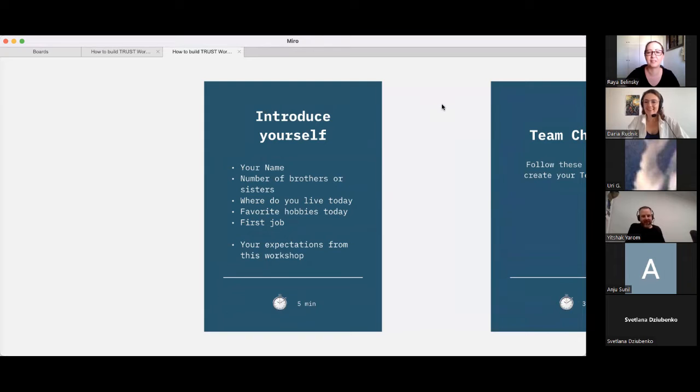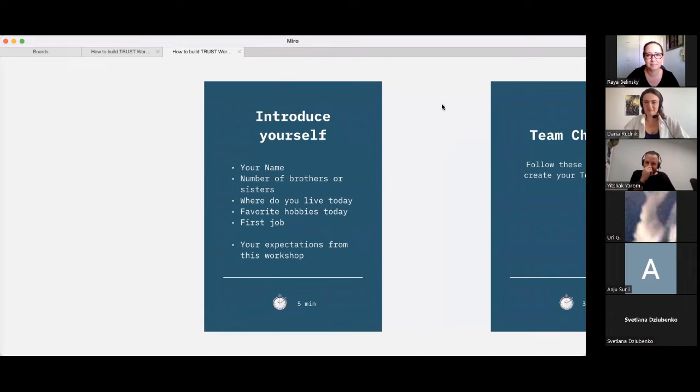Okay, perfect. My name is Yitzhak Yarom. I have two brothers, no sisters. I live in a small moshav near Ashkelon, called Gea. My favorite hobbies are off-roading and running.